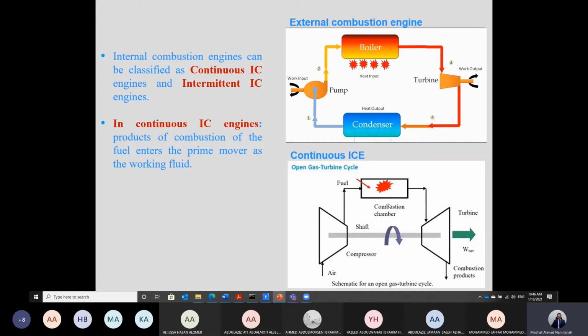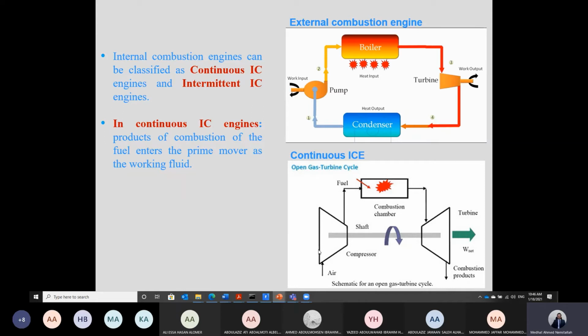So in this case, instead of using the exhaust gases directly to run the turbine, we can burn the fuel inside the combustion chamber, and we can have a heat exchanger in which we exchange this heat with the working fluid, which may be helium or argon or something. So it will absorb the heat like the steam here, and then this helium under high pressure and high temperature will be expanding inside the turbine, and then it will not be exhausted to the atmosphere.